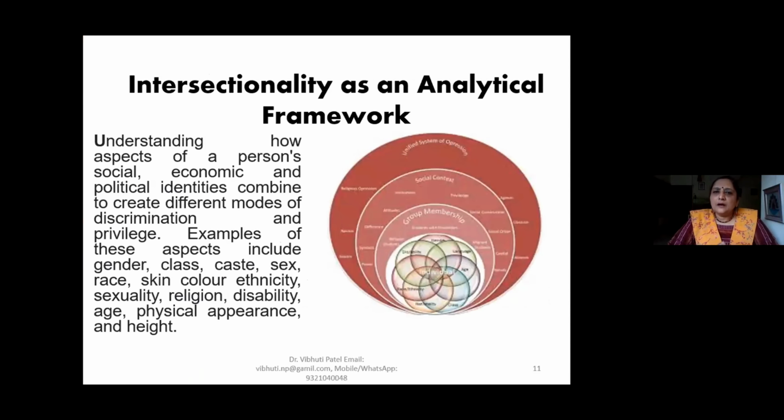Now, you must be familiar with the term which is very, very often and very widely used in the current scenario, whether it is global politics or social science research or newspaper articles: intersectionality. What is intersectionality? Understanding how aspects of a person's social, economic, political identities combine to create different modes of discrimination and privilege.